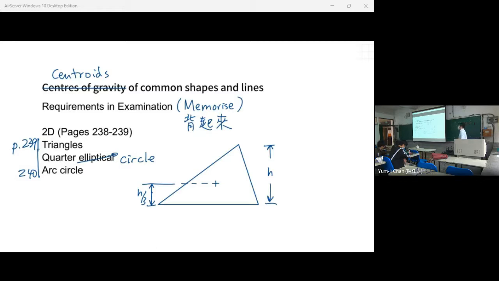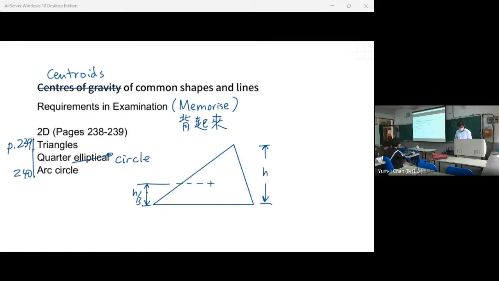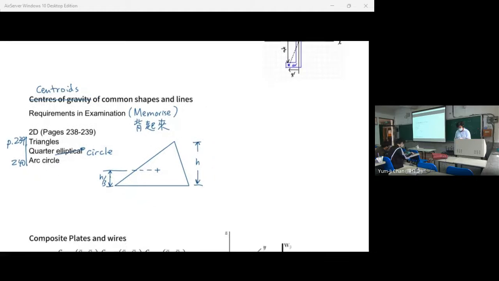That you need to memorize. And for a circle with radius r, the height here is 4r/3π. This is an area.